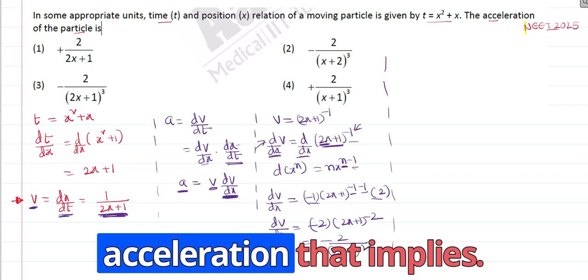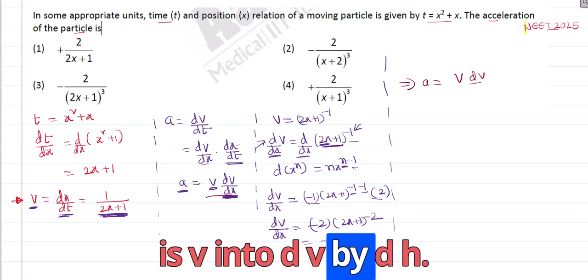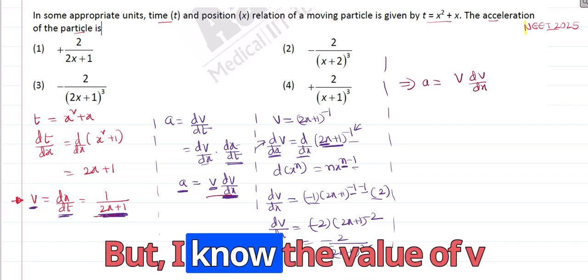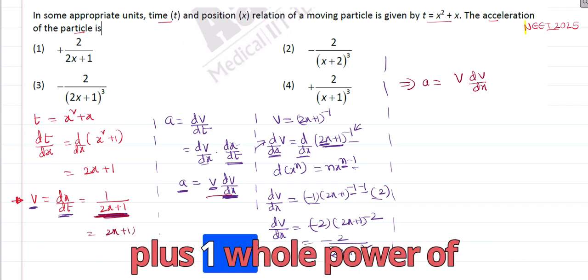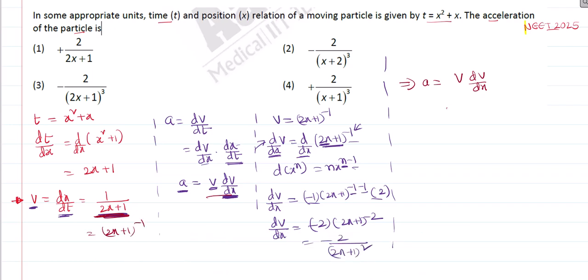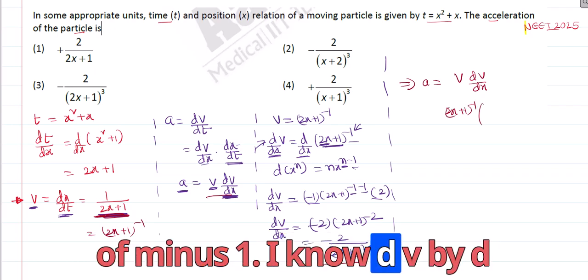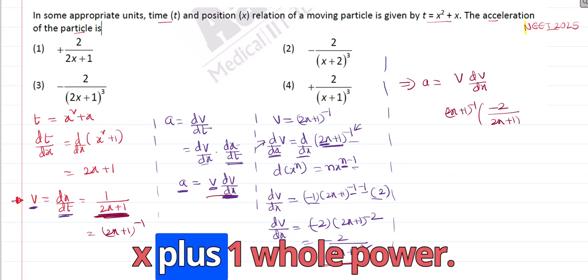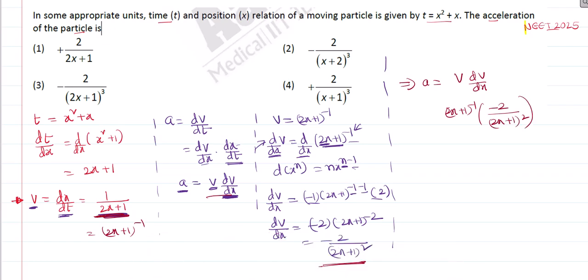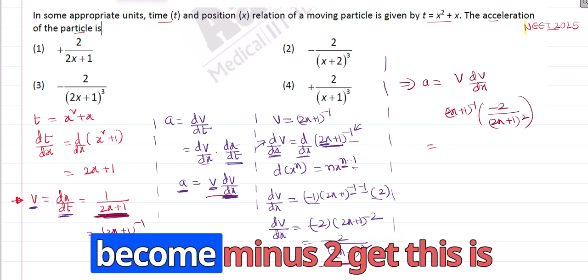Let's get the acceleration. As we know, acceleration is v into dv/dx. But I know the value of v already, 1/(2x + 1), or (2x + 1) to the power of minus 1. I know dv/dx, already found, minus 2/(2x + 1)². So the value will become minus 2.